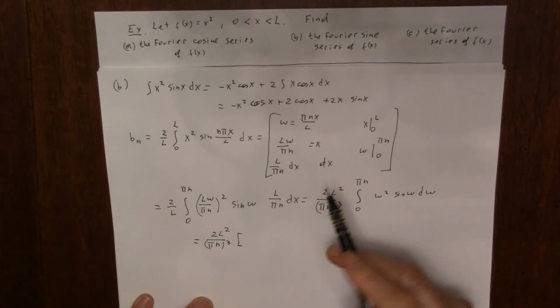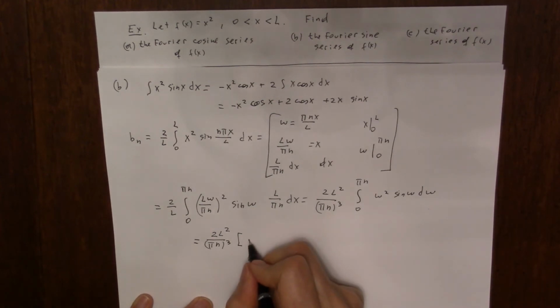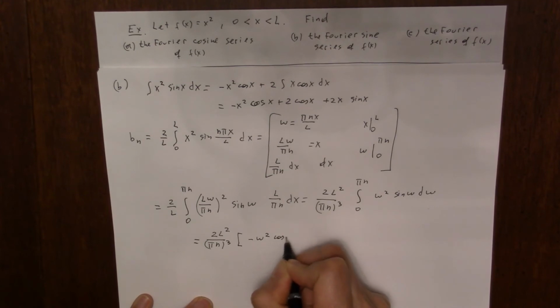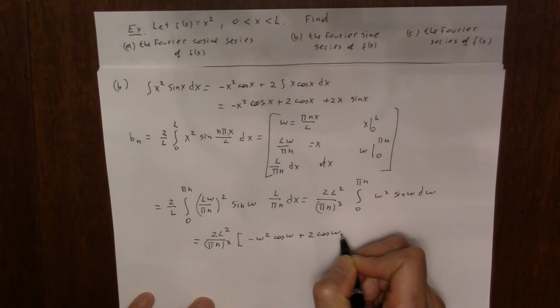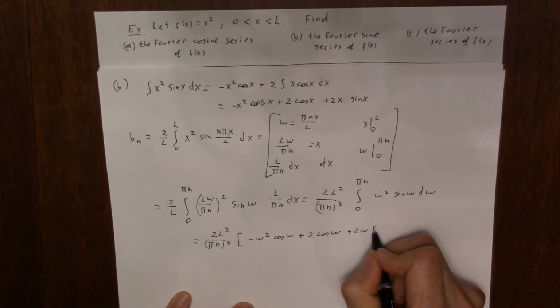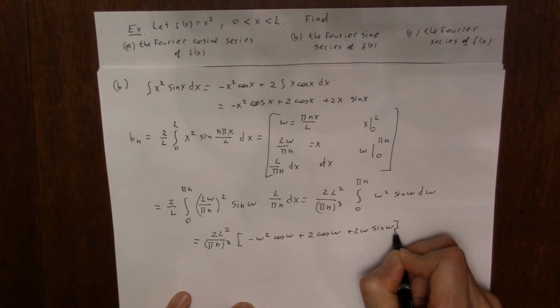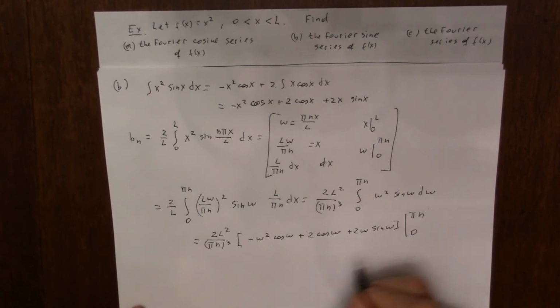So we're going to get 2L squared over pi n cubed. And we already know the value of the integral, so it's going to be negative W squared cosine of W plus 2 cosine of W plus 2W sine of W. And we calculate that expression from 0 to pi n.